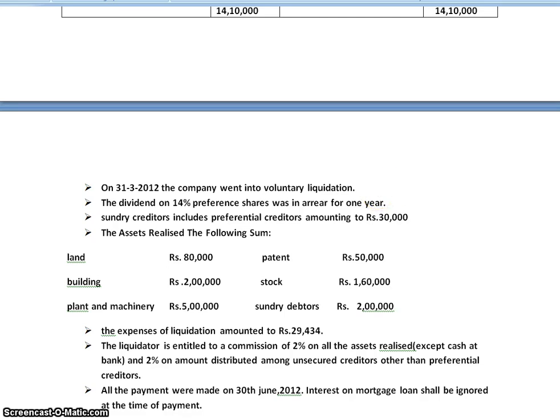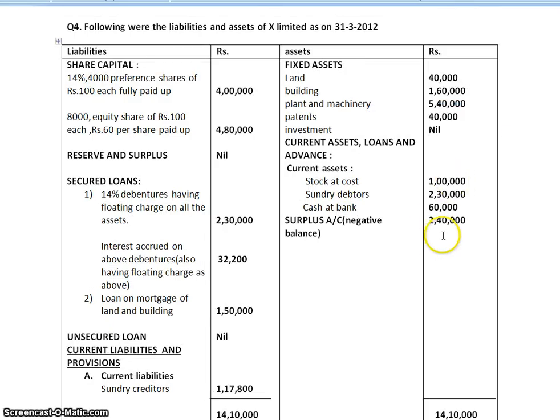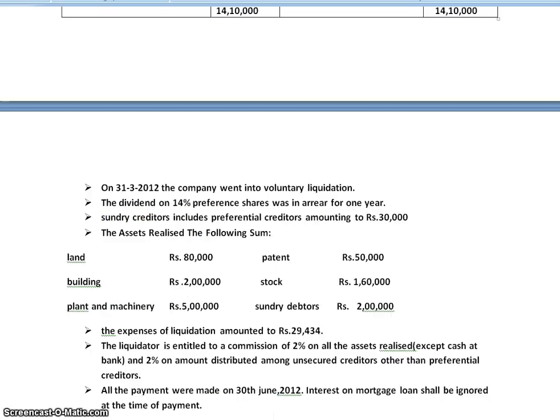Since they were making a loss of 2,40,000, they decided to close down the business. On this decision, the dividend on the 14% preference shares was in arrear for 1 year. So on this date, the dividend to the preference shareholders at the rate of 14% is in arrear for 1 year, which has to be paid.